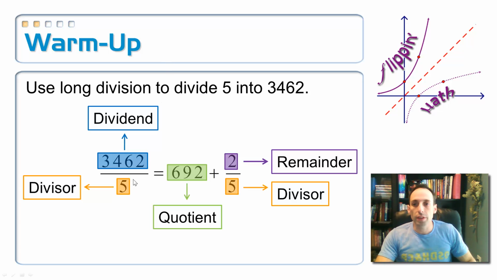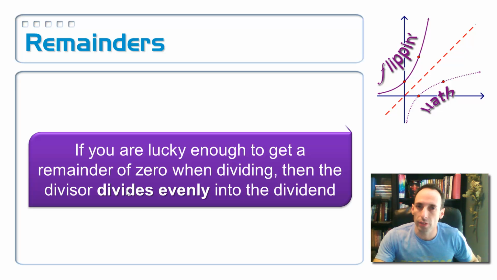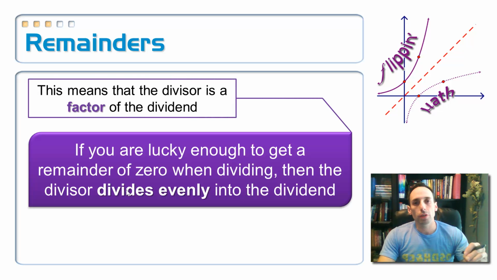So does 5 divide evenly into 3,462? No, because there was 2 left over. If there was nothing left over, then that means that 5 divides evenly into 3,462. It also means that 5 is a factor of 3,462. But in this case it's not, right? So if you have a remainder of 0, that means it divides evenly. That means that the divisor is a factor of the dividend.